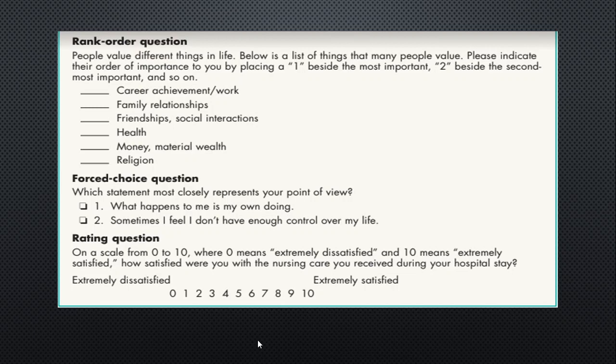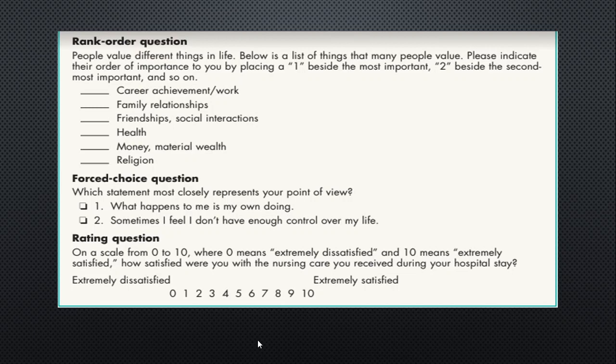Okay, rating questions. On a scale of 0 to 10, where 0 means extremely dissatisfied and 10 means extremely satisfied, how satisfied were you with the nursing care you received during your hospital stay? 0 is extremely dissatisfied, then 10 is extremely satisfied.